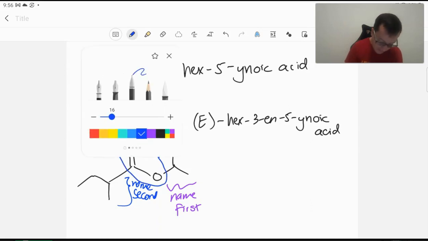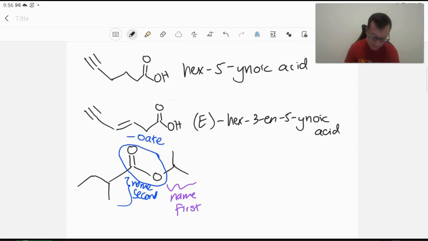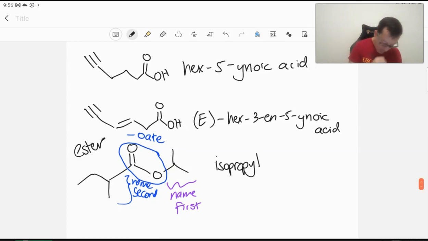So with something like this, you would name this as isopropyl, because that's what we have here. We have an isopropyl group on the oxygen side of our ester. Oh, I should write esters. On the other side, we have, what is it, a sec-butyl? So we have a sec-butyl group.